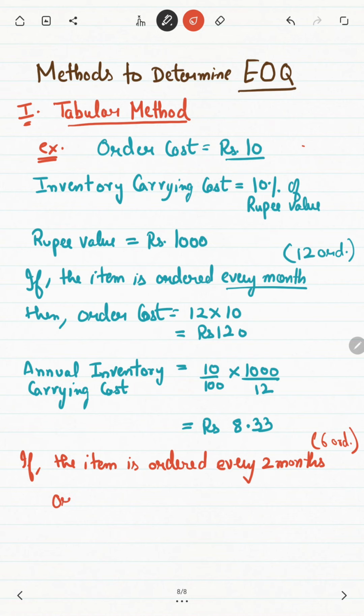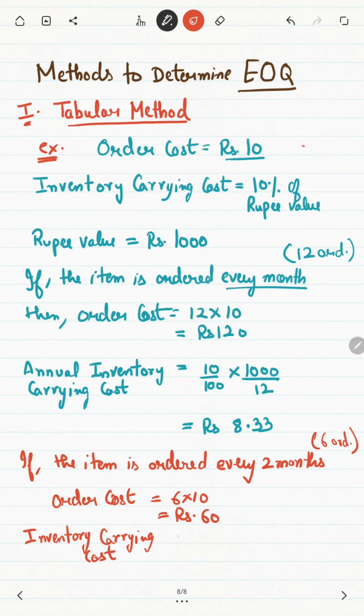Then order cost will be 6 into 10, that is rupees 60, and inventory carrying cost will be 10% of the rupee value divided by number of orders. The number of orders is 6, so it is roughly 16.6. So these were the two scenarios.